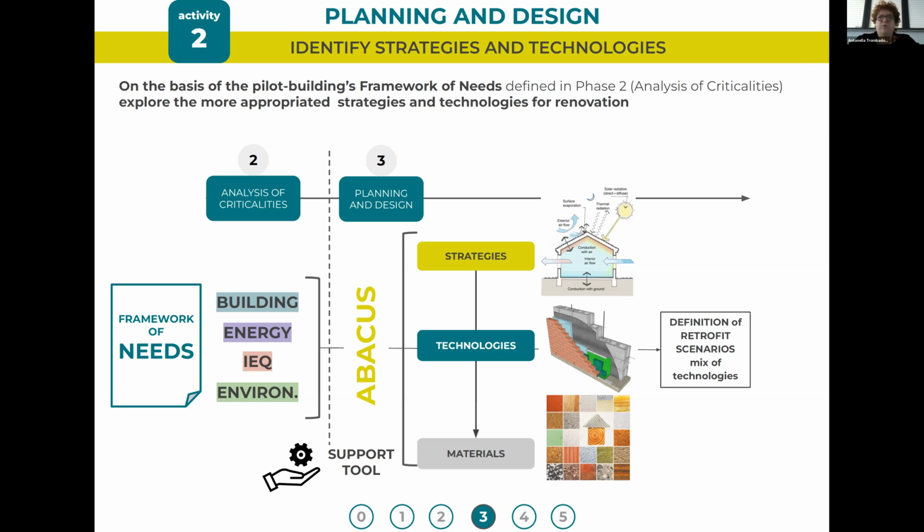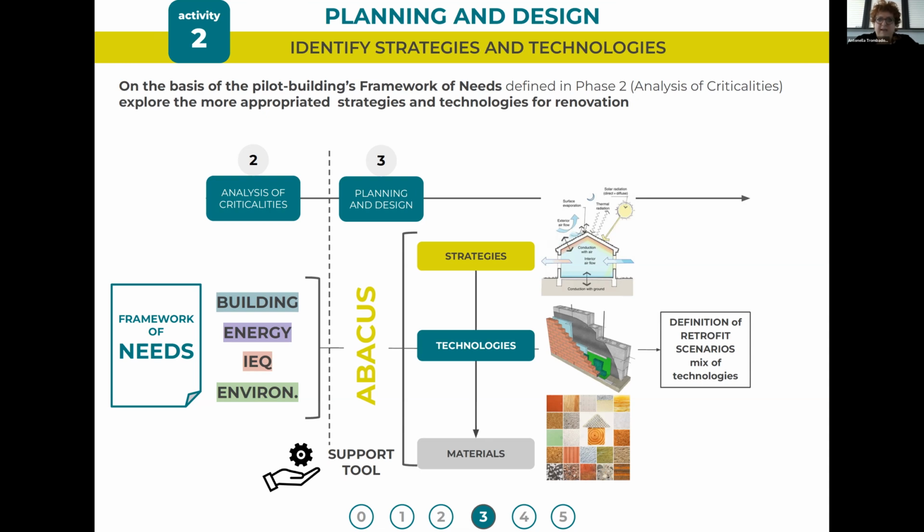In the abacus, we can find different levels of suggestion. Starting from the architectural strategies, we can select some technologies, because it is like a catalog where it's possible to have some description of the benefit and the feasibility of technologies.